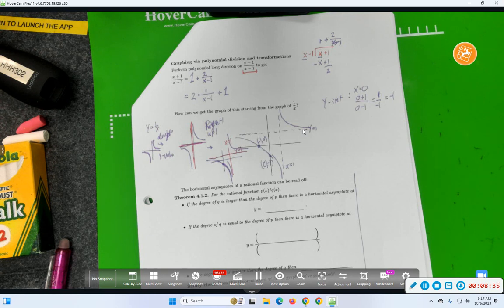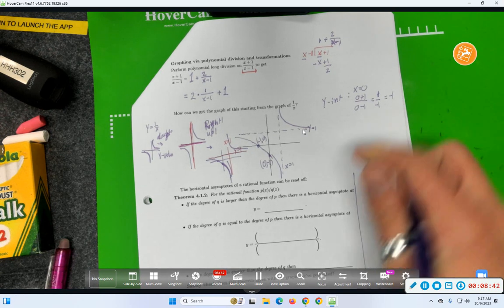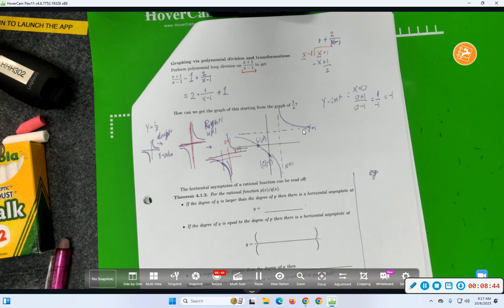I think we're going to do an example, and then we'll figure out what's going to go there. Give me a polynomial. Any polynomial. Maybe something not too complicated because it needs to fit in the margin right there.